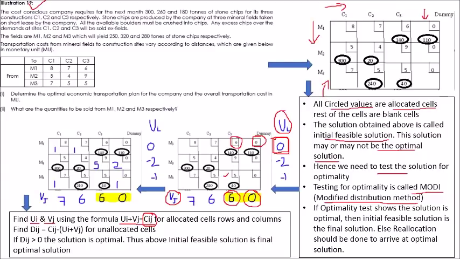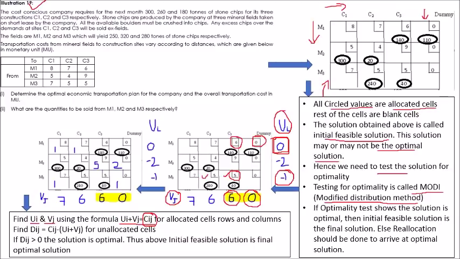Here Cij is 5, Ui I don't know, Vj is 6, so 6 plus Ui is equal to 5. Ui is equal to 5 minus 6, which is minus 1. So minus 1 is calculated here. Once again I see whether I can find some other value. For this column there is an allocated cell, so I can find a Vj here.